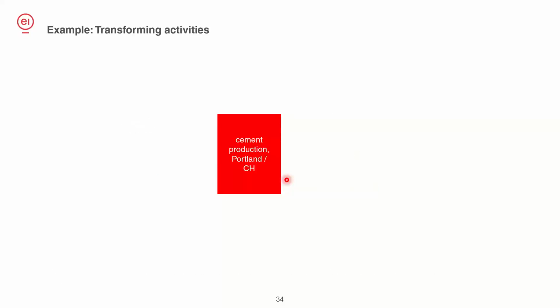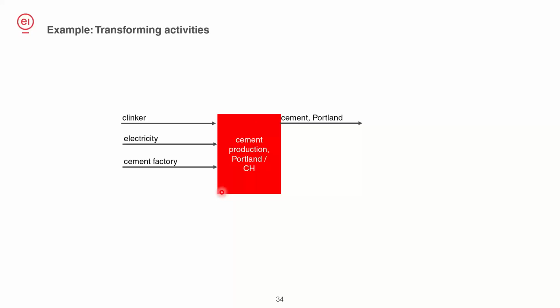I mentioned before the cement production activity. This activity, a gate to gate, as I said before, has inputs from technosphere: clinker, electricity, and the infrastructure, among others. Of course, this is not complete. And the reference product is cement Portland.